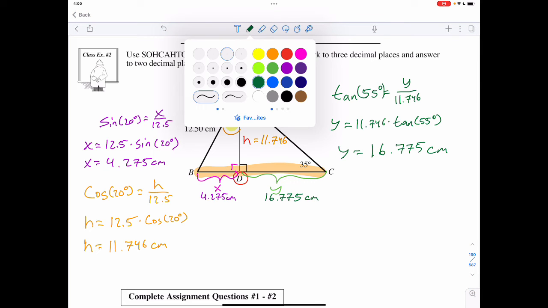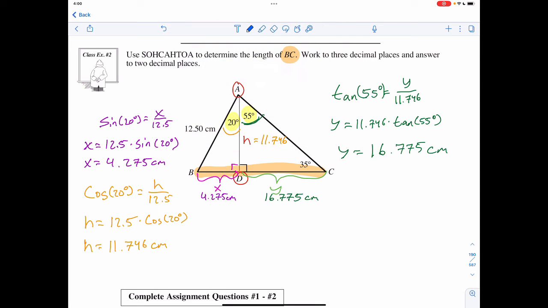And last but not least, I'm going to state that BC is equal to x plus y, or 4.275 plus 16.775. The length of BC is equal to 21.05 centimeters.